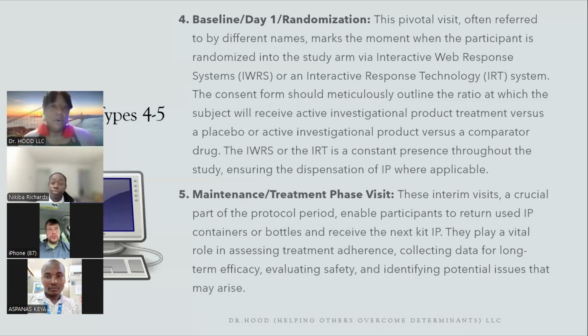So that is why it's important. They prefer it to be the PI, but it can be a sub-I if they're medically qualified. Sponsors prefer randomization to be overseen by the PIs.